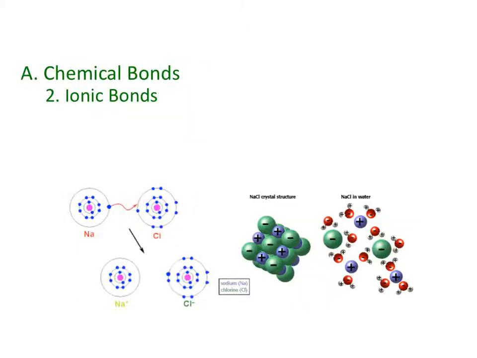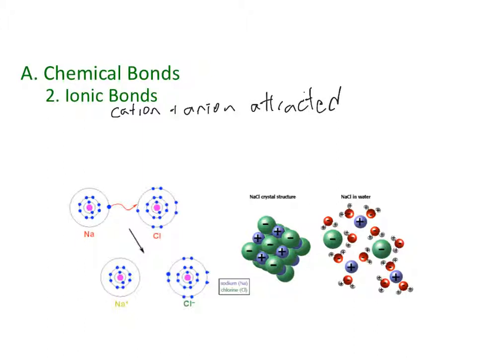The next type of bond you find in human physiology are called ionic bonds. Ionic bonds are the bonds that are created when a cation and an anion are attracted to each other.